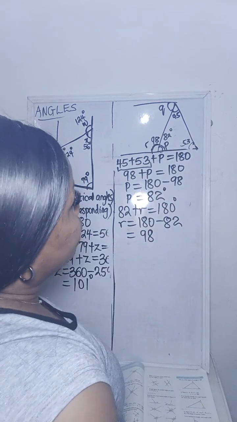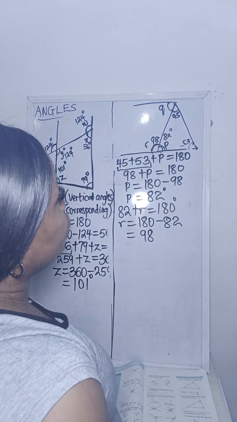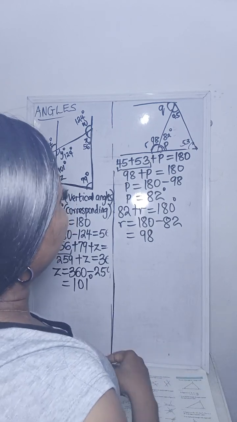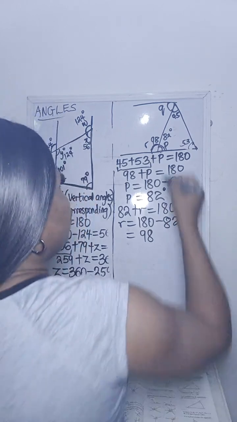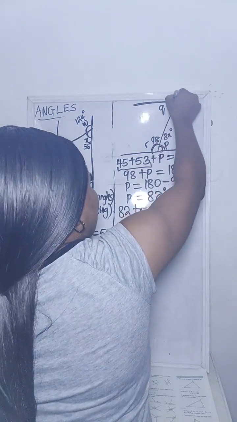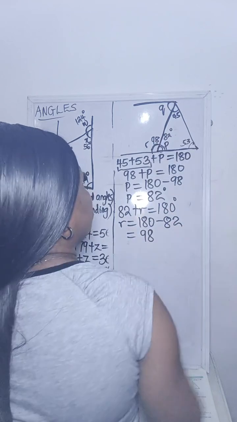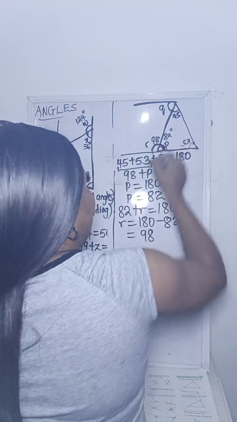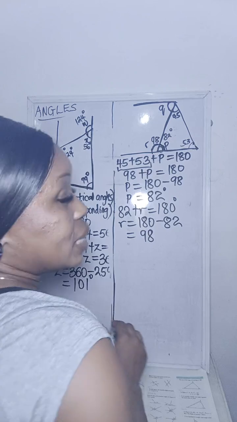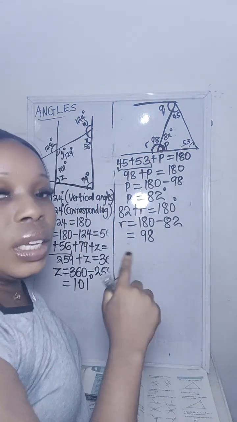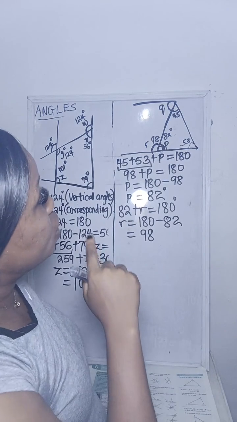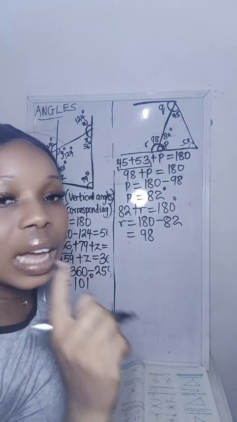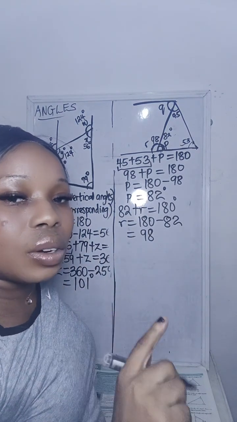Now we need to get our angle for Q. Do you see that? This angle is alternate to this, and alternate angles are equal. So if P equals 82, it means Q would also be 82 because they are alternate angles and alternate angles are equal.